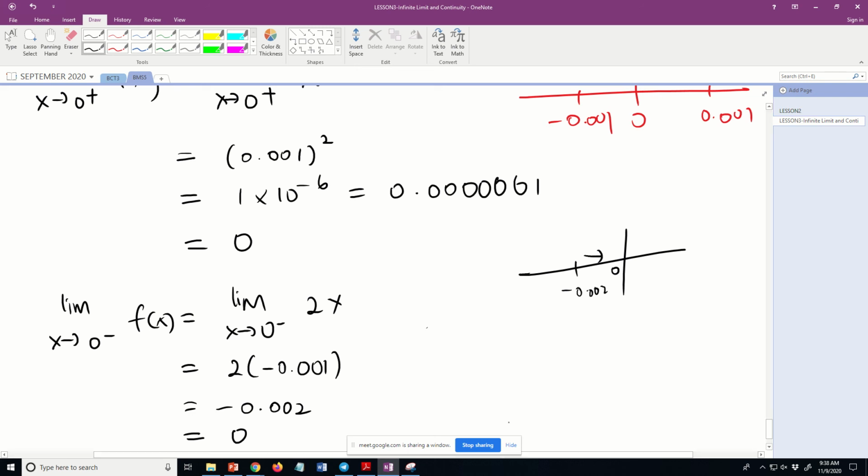Okay, so limit for function fx exists. So bila condition 1 is correct, condition 2 also correct, meaning that I must test condition 3 dah.